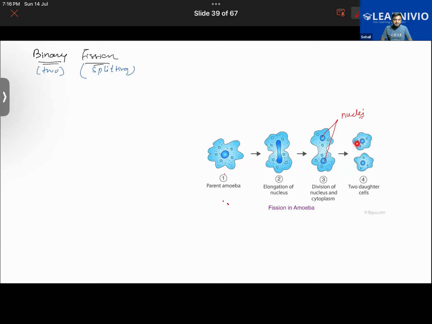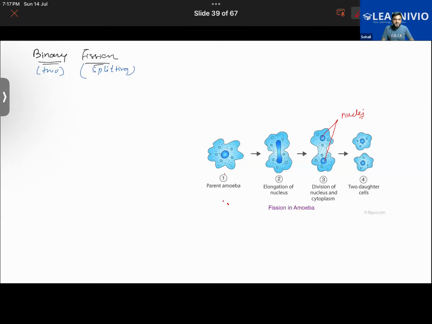So it's still multicellular while reproducing? No, it wouldn't be appropriate to say that while reproducing it is multicellular. What is a multicellular organism? Multicellular organisms are those where the number of cells is two or more.